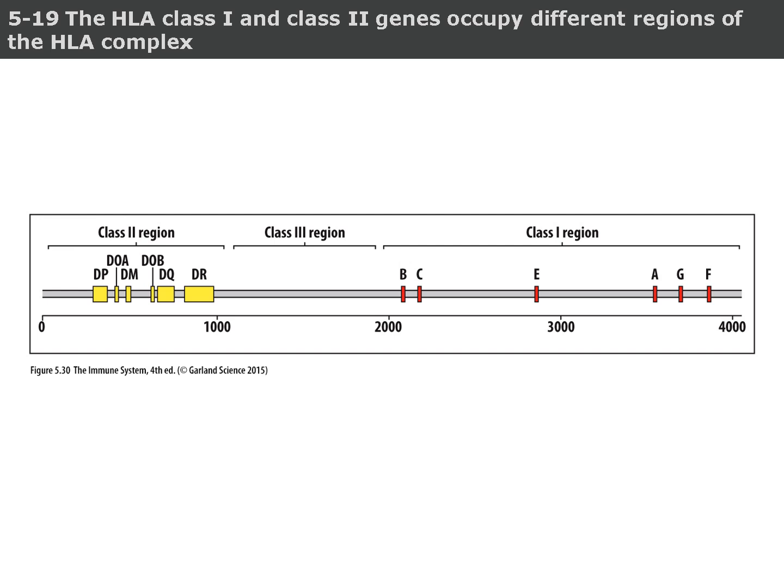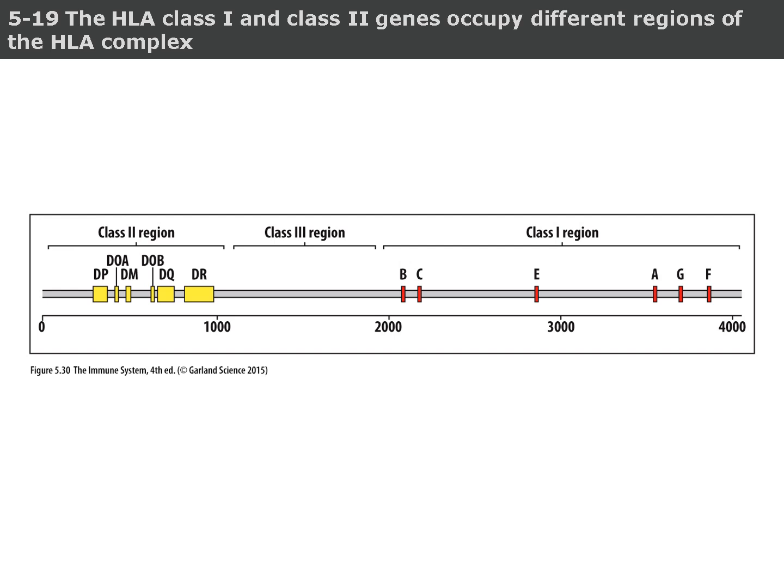These genes encode MHC Class II molecules involved in presenting extracellular antigens to CD4 T cells. In the center is the Class III region, which does not contain classical MHC genes, but includes other immune-related genes involved in inflammation and complement activation.